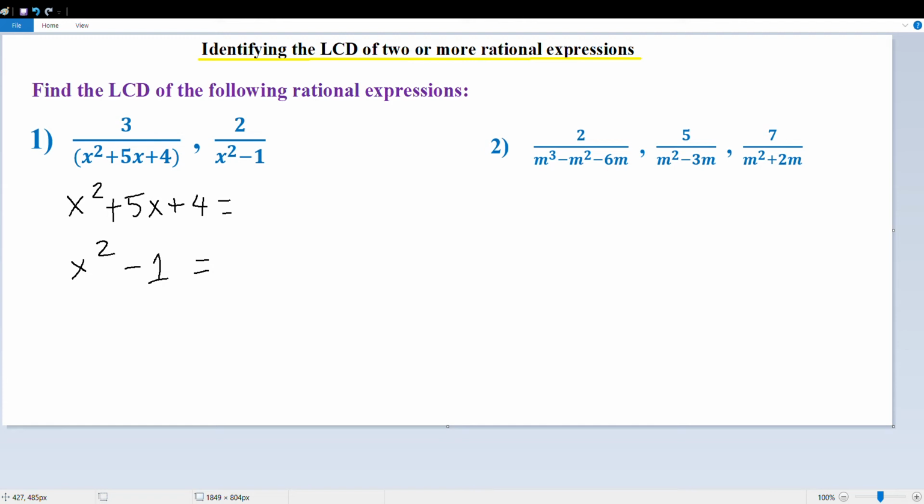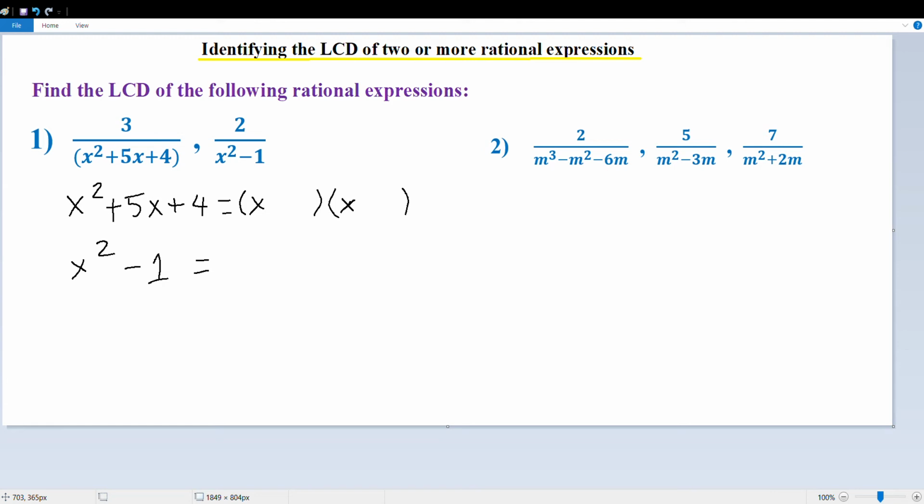For the first denominator, first of all we'll write two x's in these two factors. The product of x and x would be x squared.